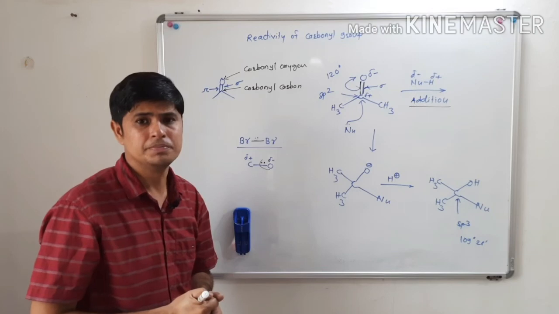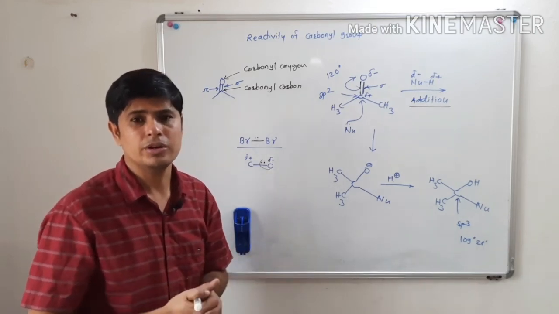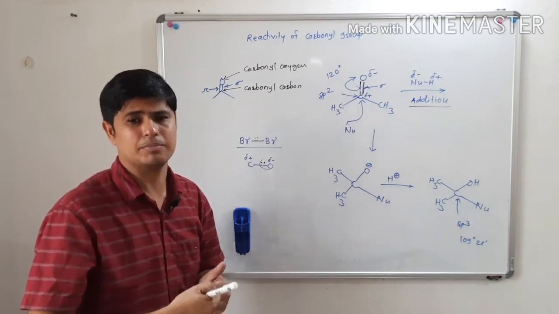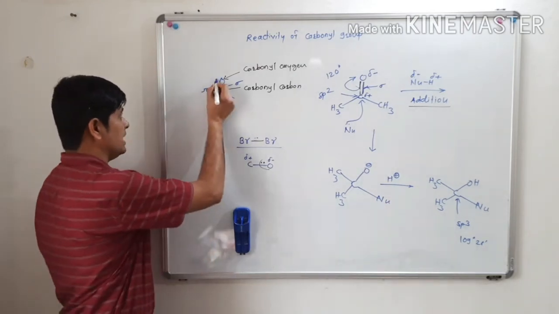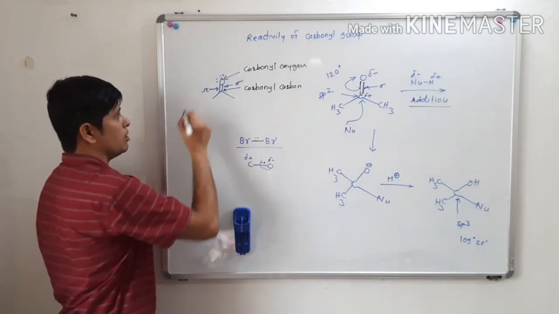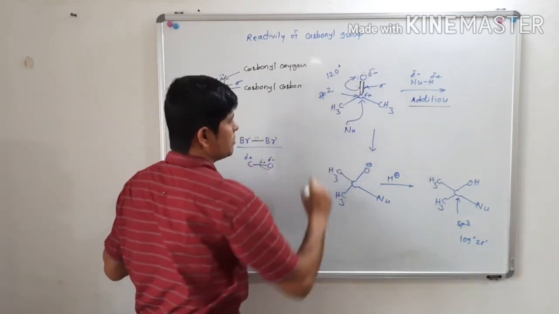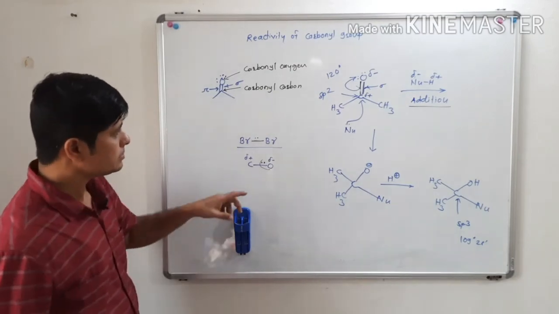Why is it so? Because carbonyl oxygen is more electronegative, so it will attract bonding pair electron density towards itself, and there are two lone pairs of electrons over this oxygen atom.